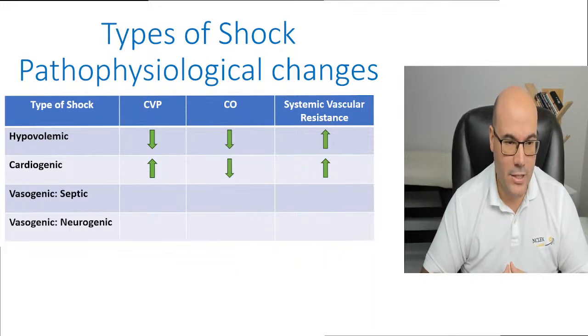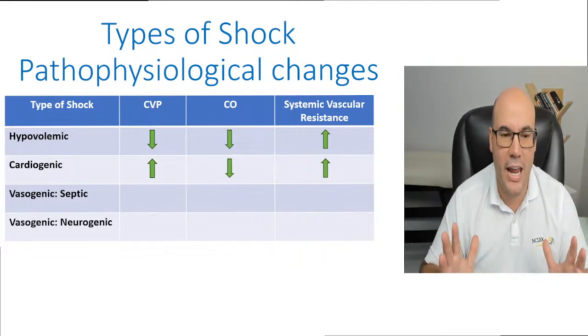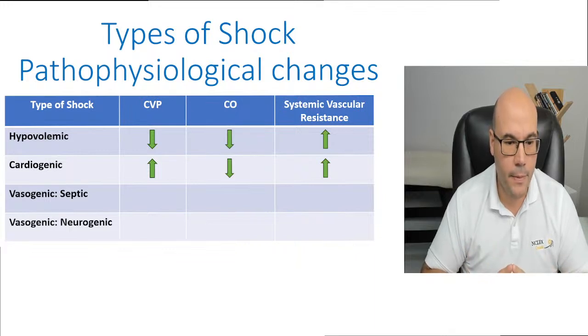Lastly, vasogenic, septic, and neurogenic shock. When we talk about septic shock, we know that it is caused by a systemic infection. What is something that you need to remember in vasogenic or distributive shock?